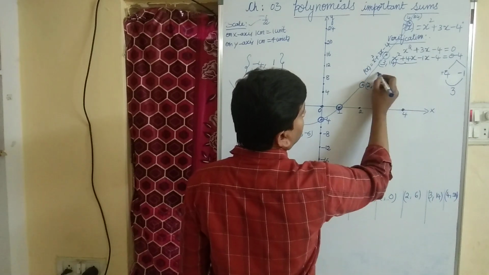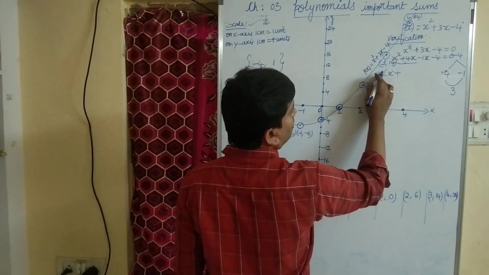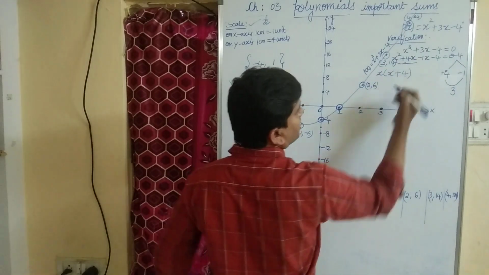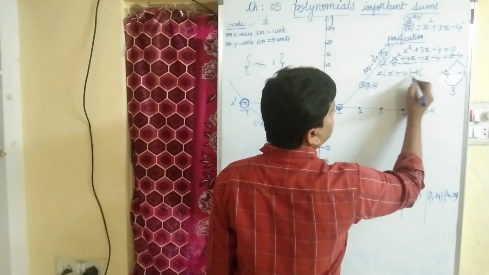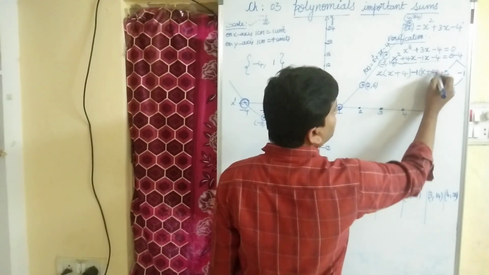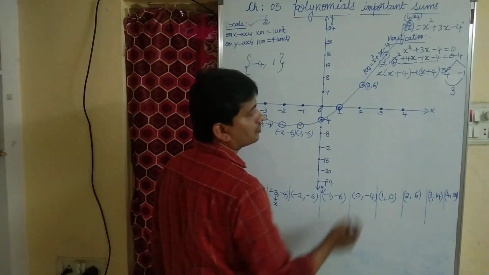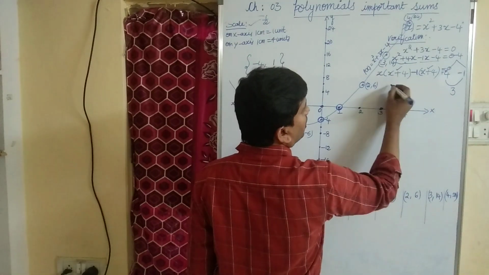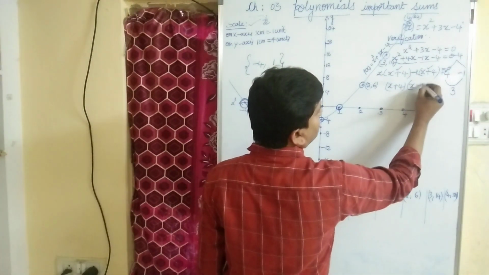From these two terms, I can take x as common: x into x, x square, x into 4, 4x. Now from these two terms, I can take -1 as common: -1 into x, minus into plus, minus, that is x plus 4 equal to 0. Now we have x plus 4 here. If I take x plus 4 as common, I will get x minus 1.